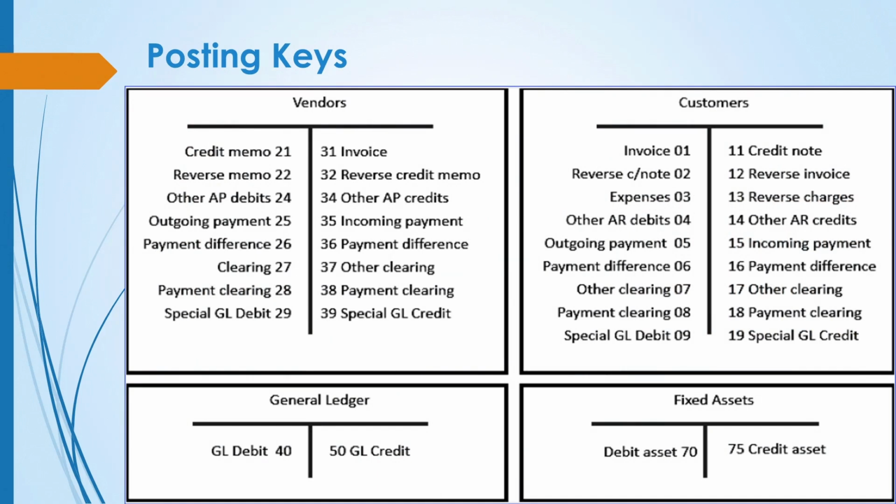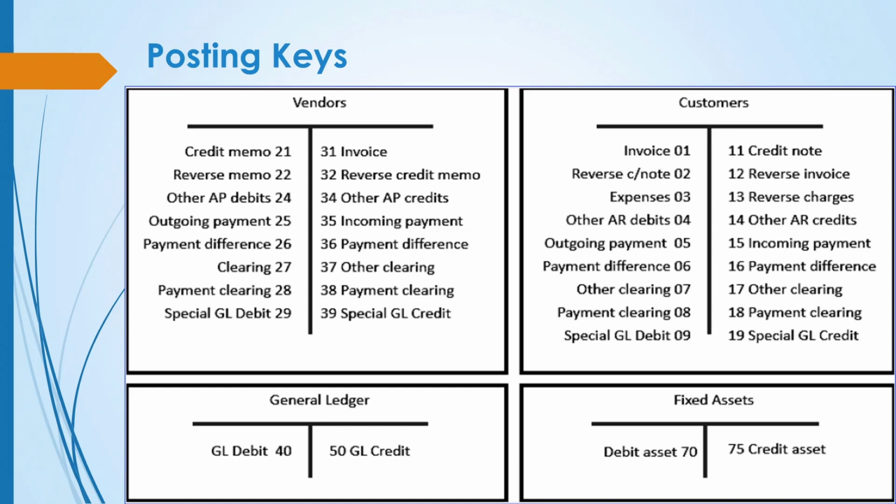The posting key is a 2-digit code indicating the type of posting as well as whether it's a debit or credit. For example, 31 is used for a supplier invoice and 25 for a supplier payment. In most cases, the posting keys are assigned automatically, but it's still useful to be familiar with them as they may be used for reporting, and they are still currently required for some transactions such as certain fixed asset acquisitions and disposals.